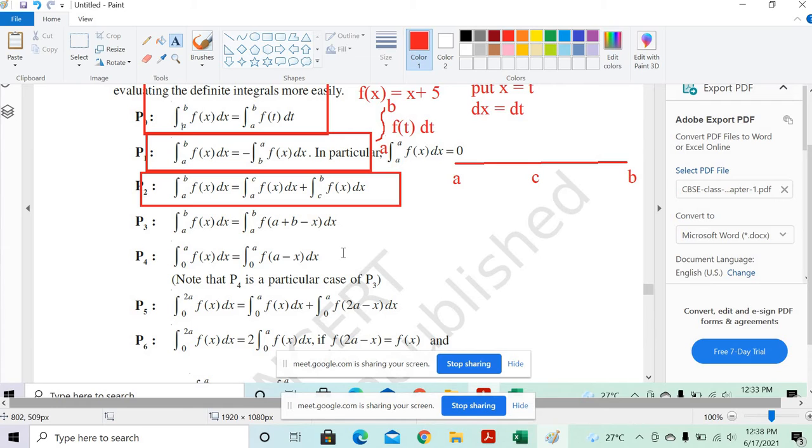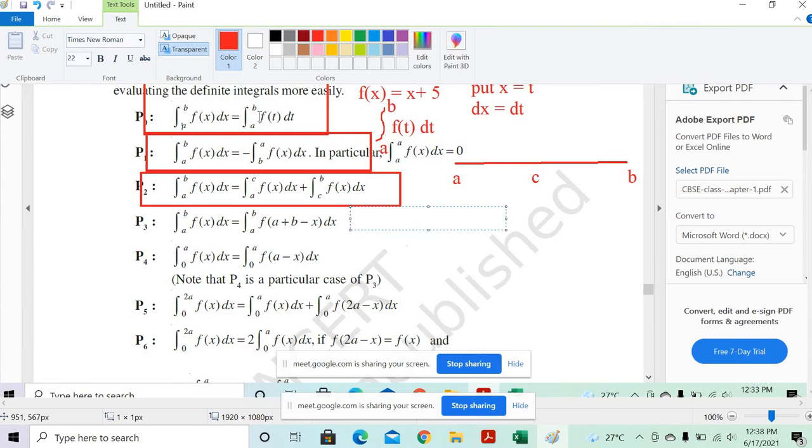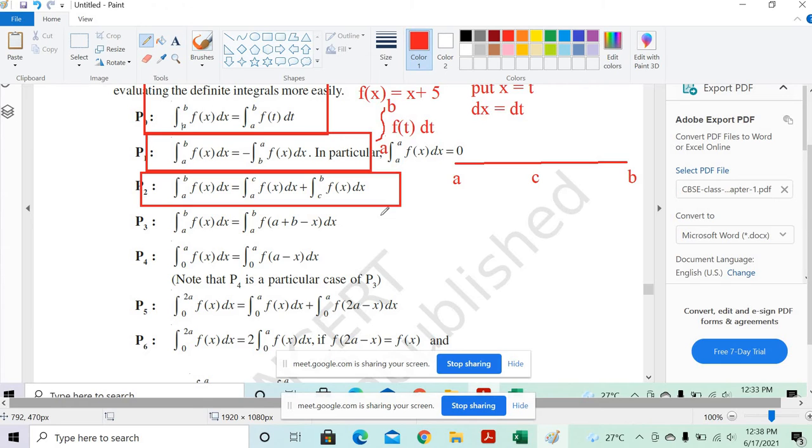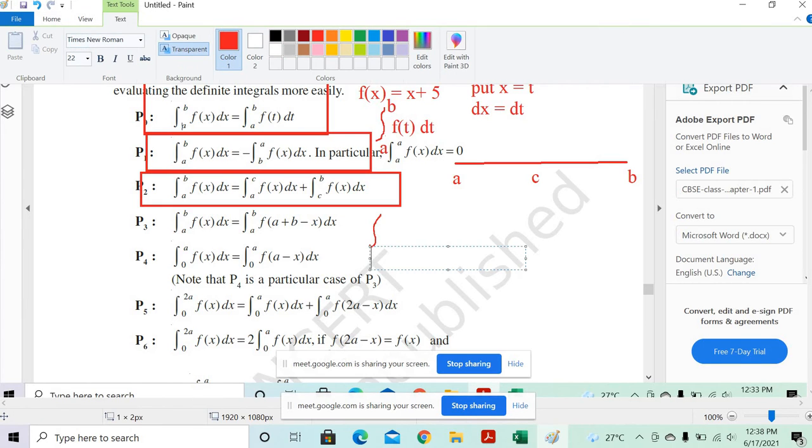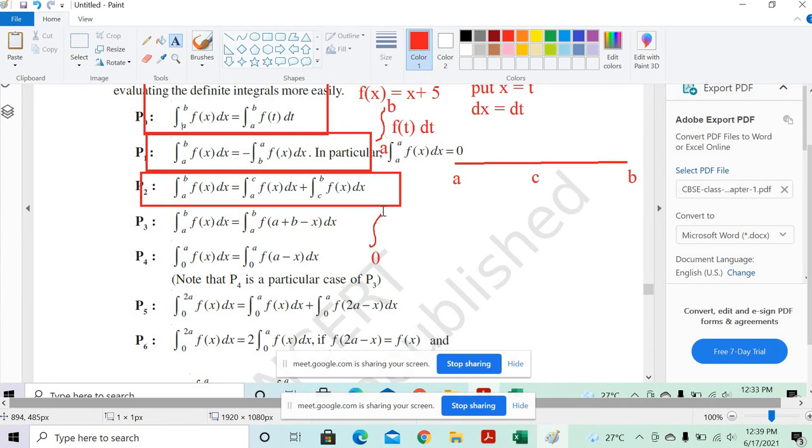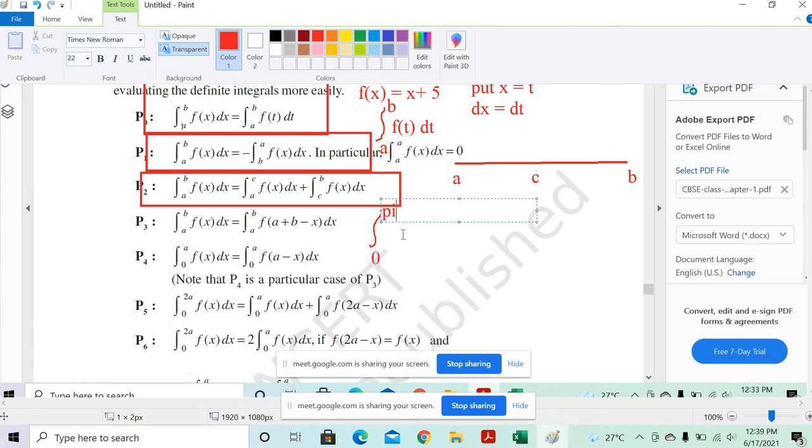Let's understand this part. Let's say I have the integration from 0 to pi, and I have something called sin x.